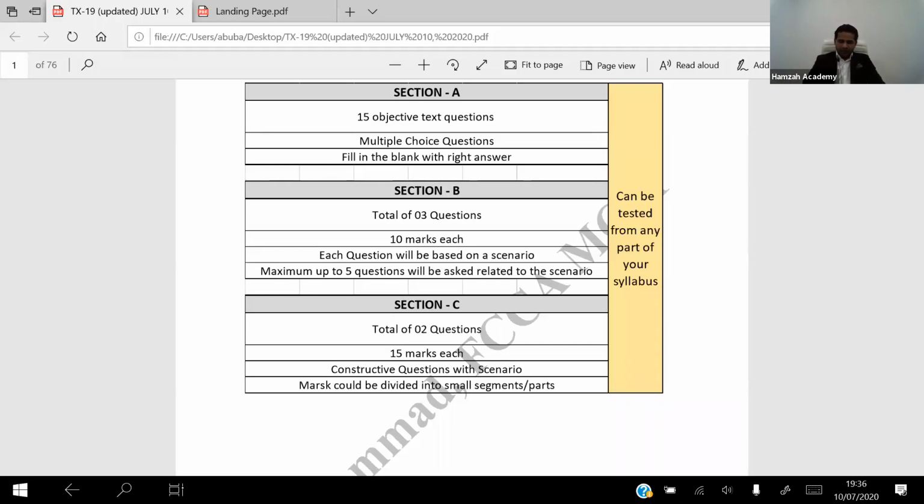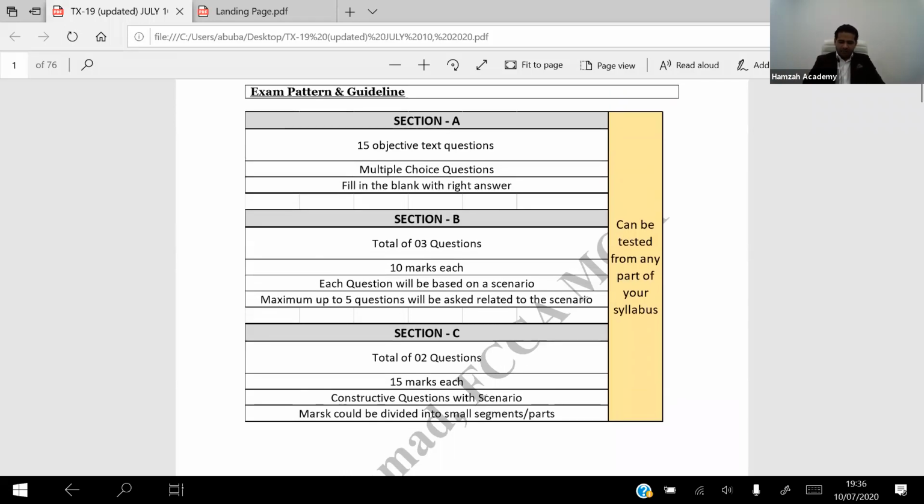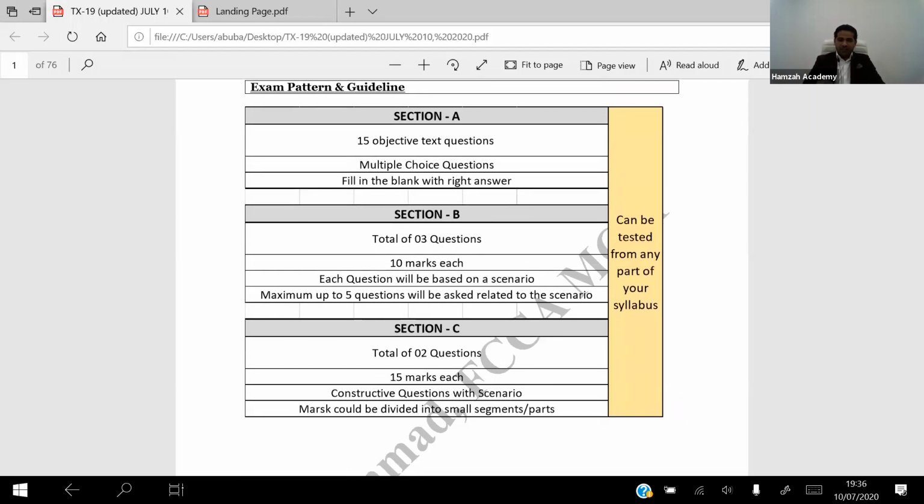When we see our exam pattern, we will have 3 sections in our exam: section A, B, and C. There are some guidelines available from ACCA, from the examining body, and in the curriculum. So exam section A is an objective test portion.